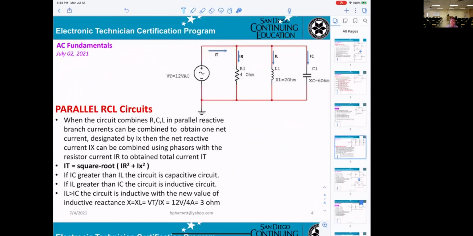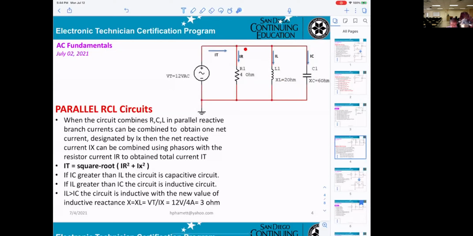IL and IC will be 180 degrees out of phase. Okay, IC will be leading. So normally, if you're looking at current IL here, that's a branch current. And also IC, that's a branch current.